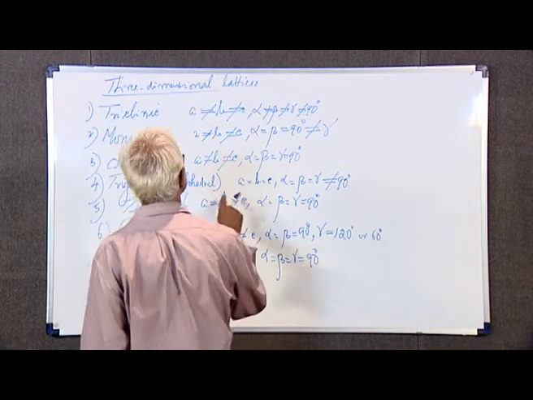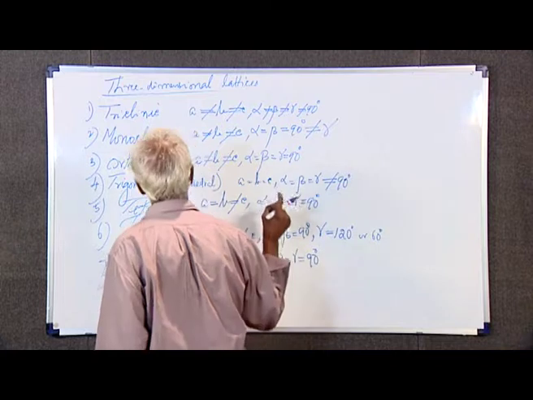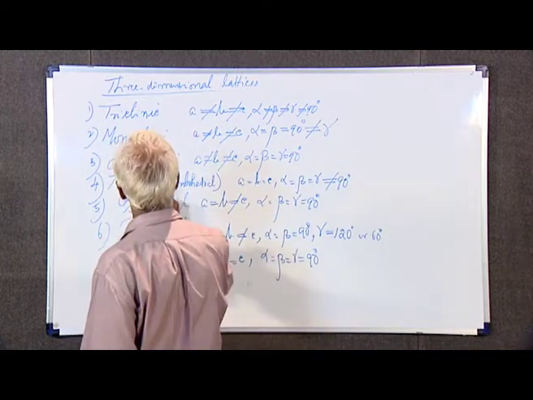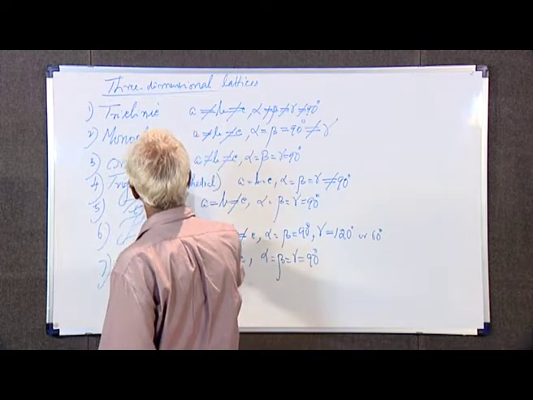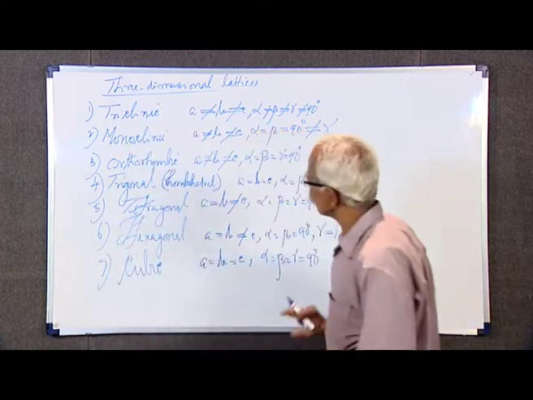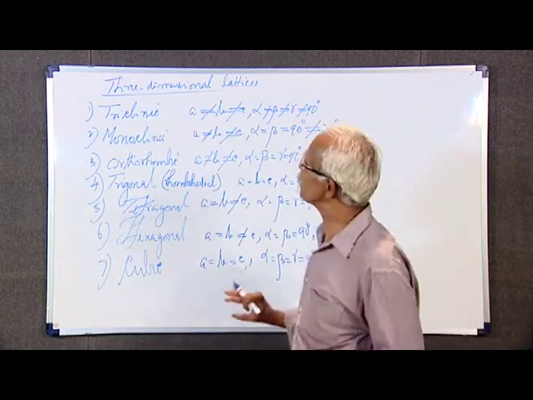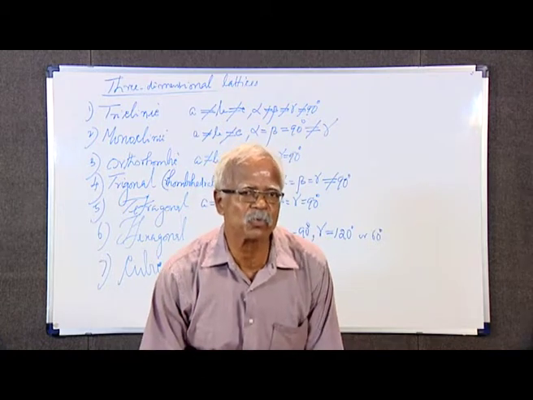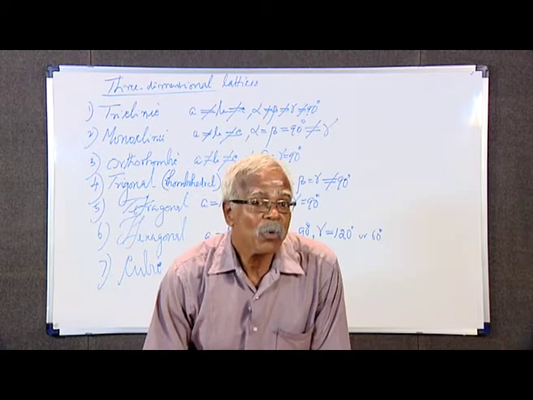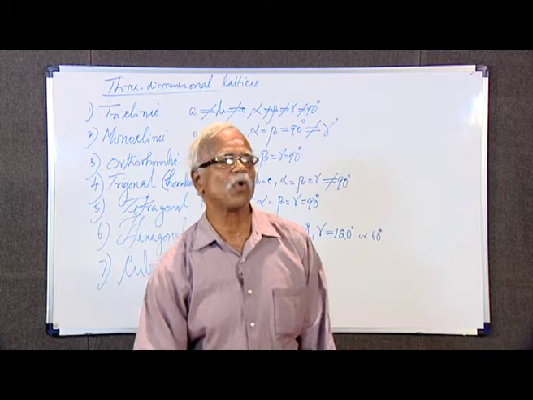Rhombus, we have seen the general rhombus, centered rectangular, that is reborn, as we are going to see. So, the only thing is, as the dimensions increase from 2 to 3, more and more possibilities open up.